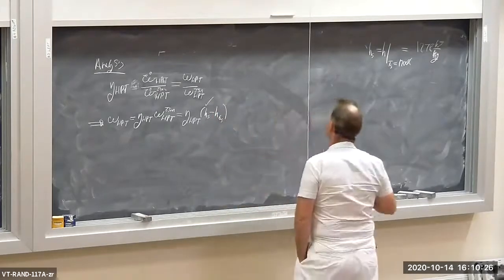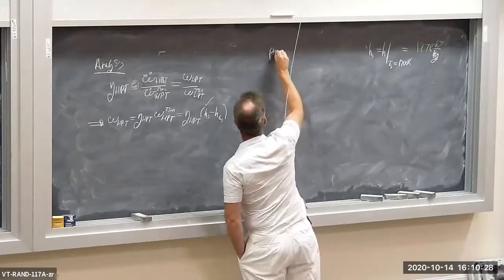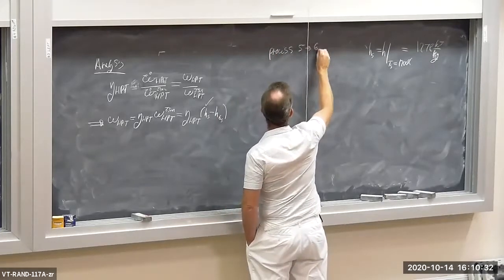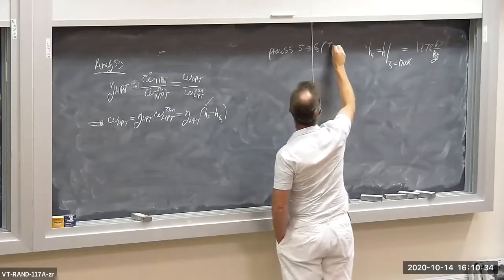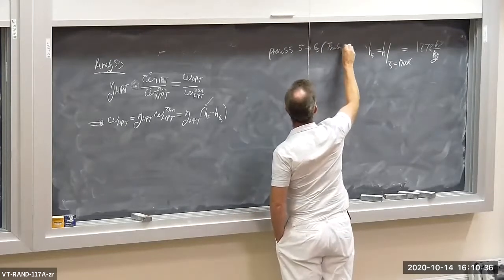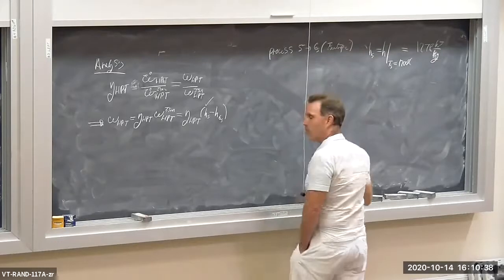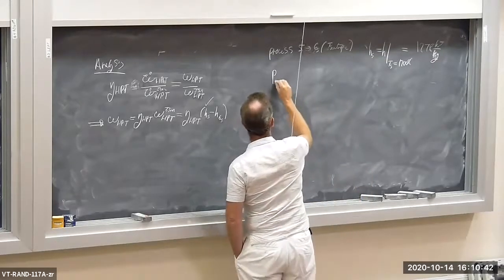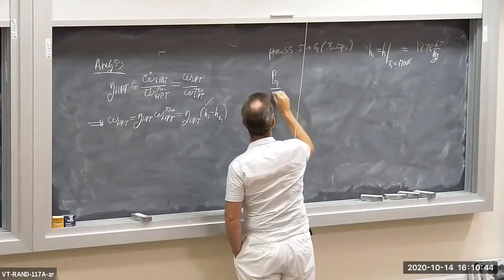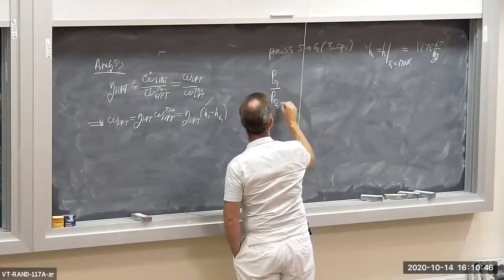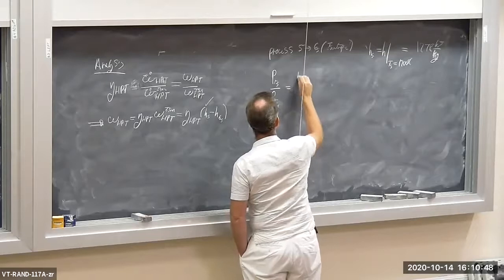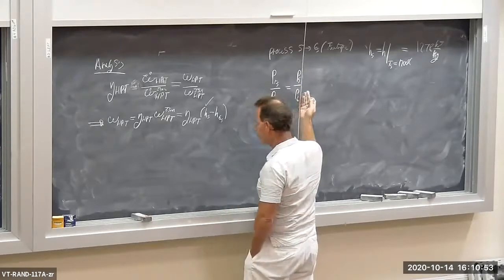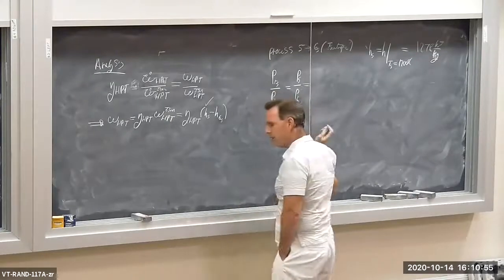Again, let's look at the process. 5 to 6 sub s is an isentropic expansion process. So I can write PR5 over PR6 sub s is equal to P5 over P6 sub s, which is P6.